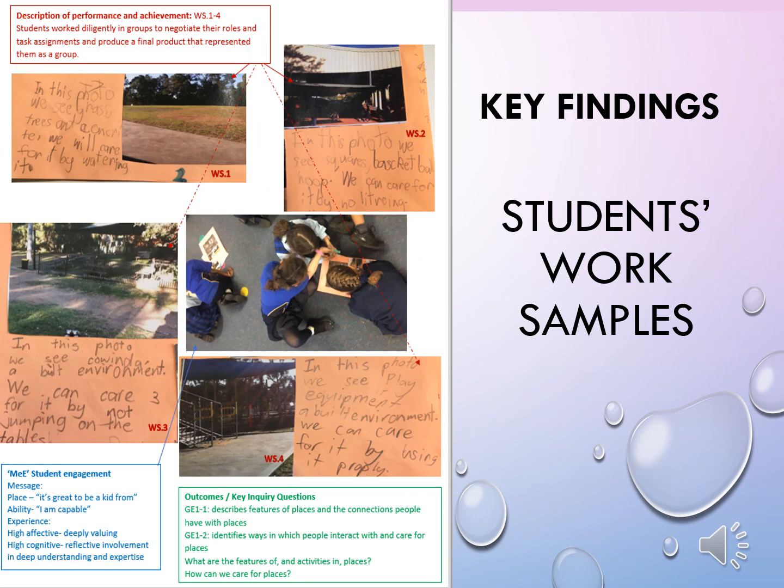Another student work sample. This sample was produced by students working collaboratively in groups. The work was achieved after several lessons in which students had to learn to work collaboratively. They progressed well, and they got the message of place.